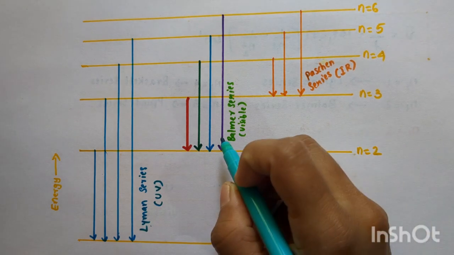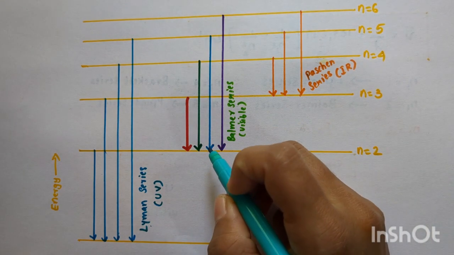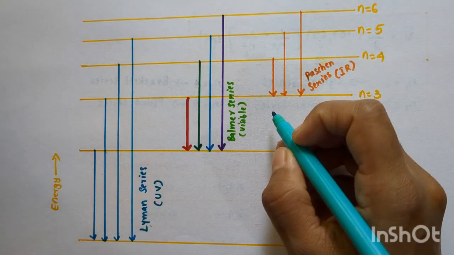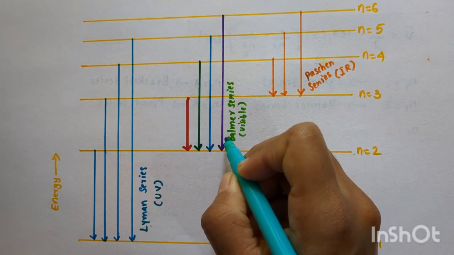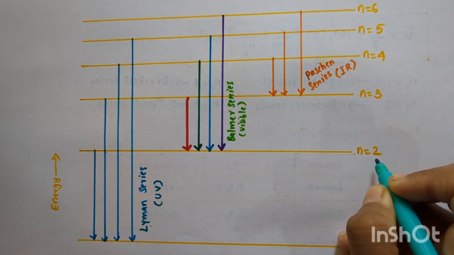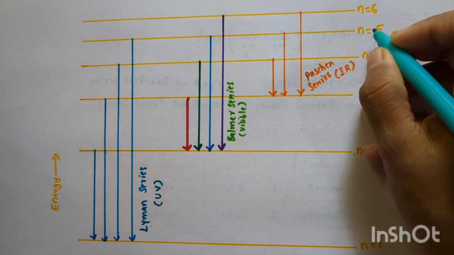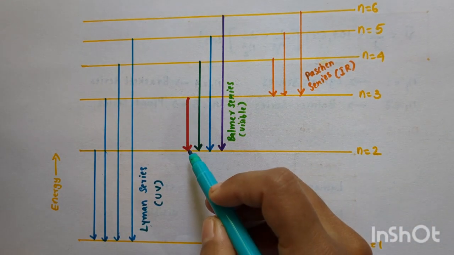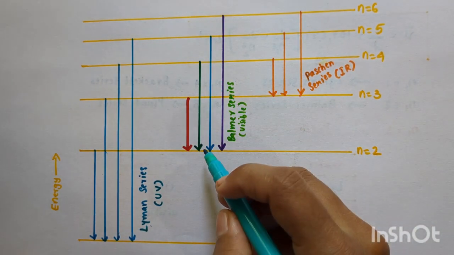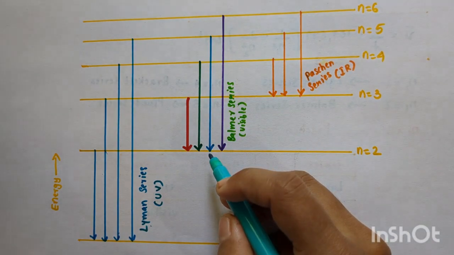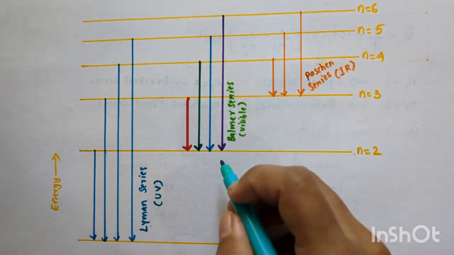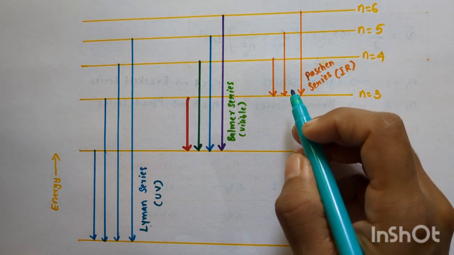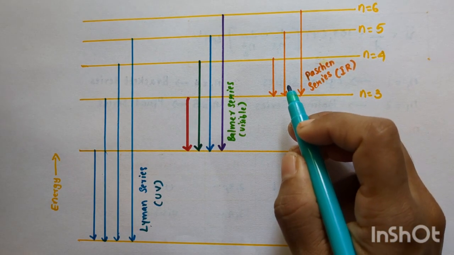That is, transitions take place to the n equal to 2 level from 3, 4, 5, etc. While considering the Balmer series, n1 will be equal to 2, and n2 can have values 3, 4, 5, etc. So we consider the transitions from n equal to 3 to n equal to 2, n equal to 4 to n equal to 2, n equal to 5 to n equal to 2, n equal to 6 to n equal to 2, etc.